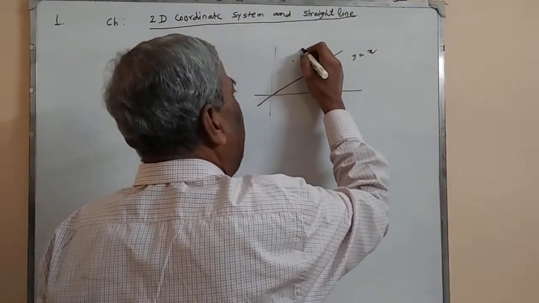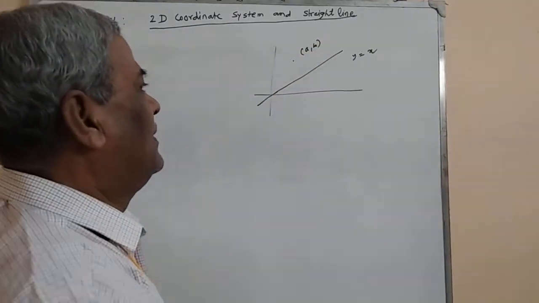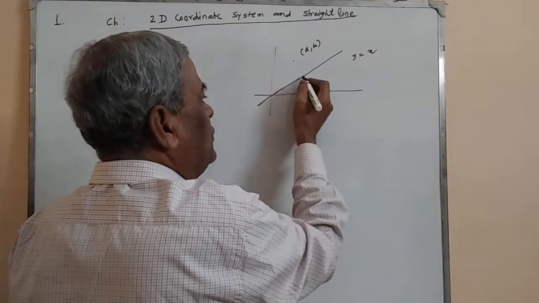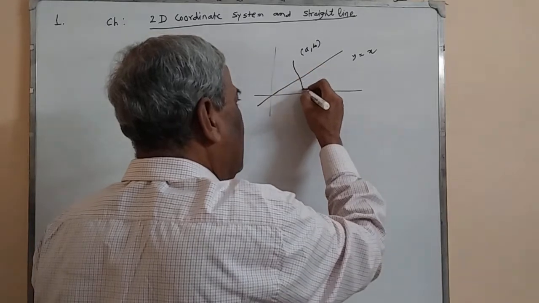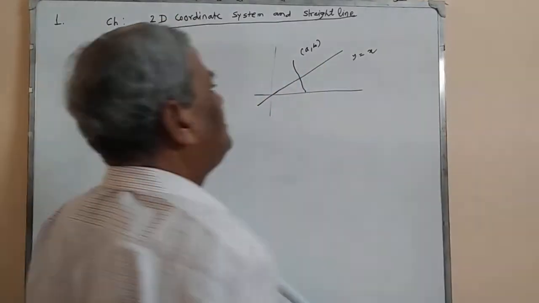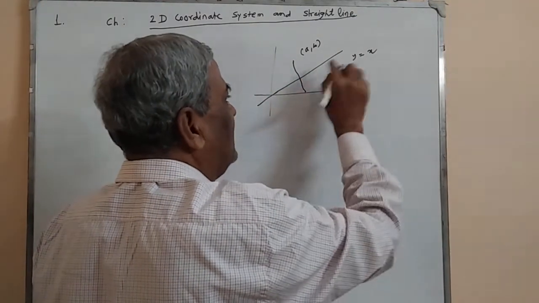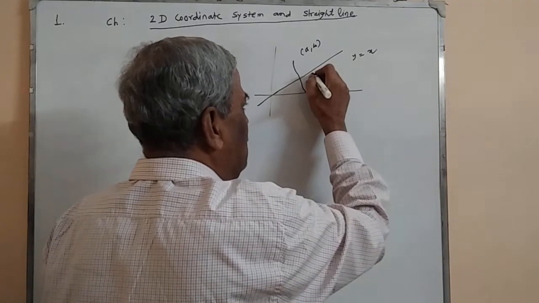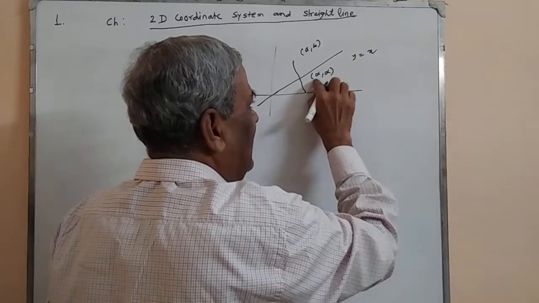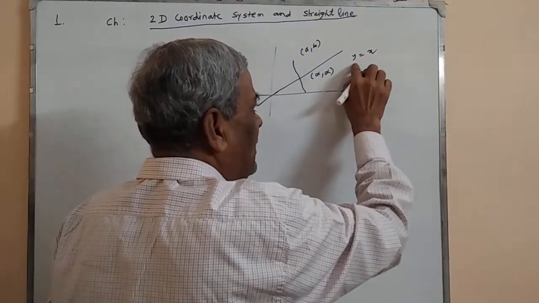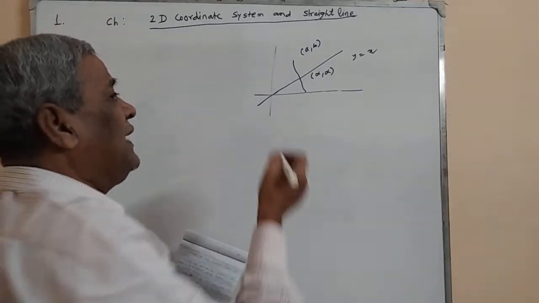And this point is A comma B. To find the image of that point with respect to y is equal to x, a perpendicular is drawn here. Any point on that straight line, a parametric point, is alpha comma alpha, because if you take x is equal to alpha, y is also equal to alpha. So alpha alpha is a point on that.